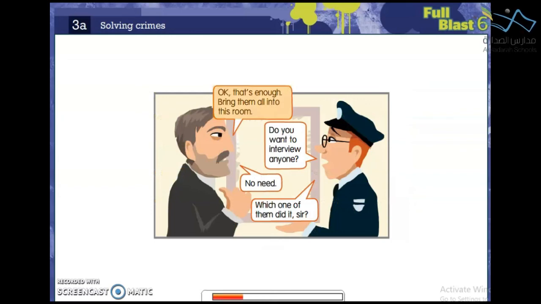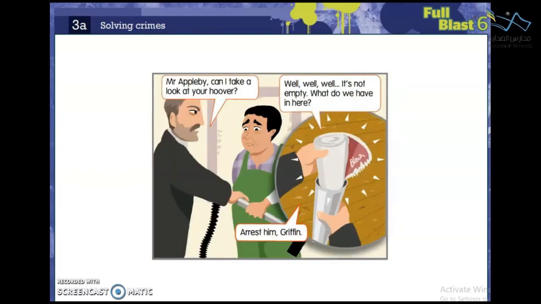OK, that's enough. Bring them all into this room. Do you want to interview anyone? No need. Which one of them did it, sir? Mr. Appleby, can I take a look at your Hoover? Well, well, well. It's not empty. What do we have in here?